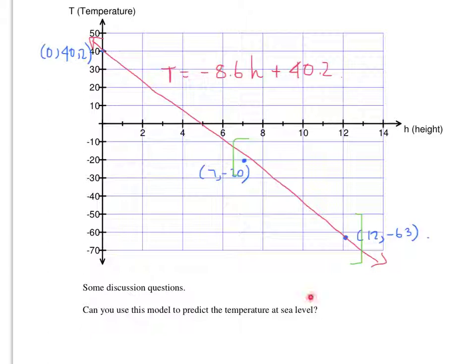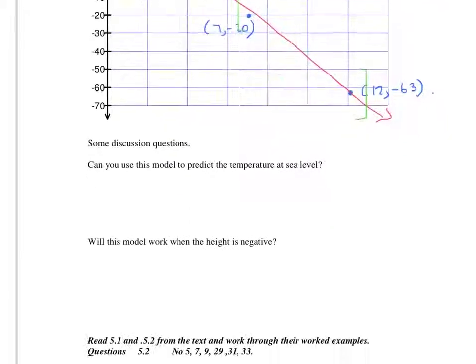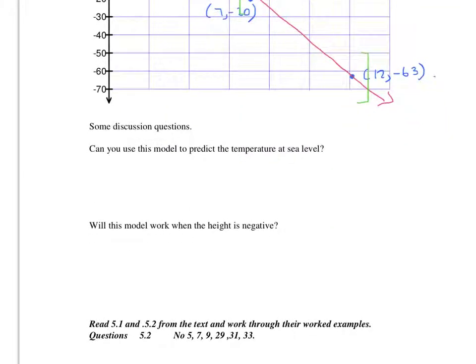And if you think about that, that actually does happen. The deeper you go in the Earth's crust, so negative height means going down underground, and the deeper you go underground, the temperature does tend to increase.